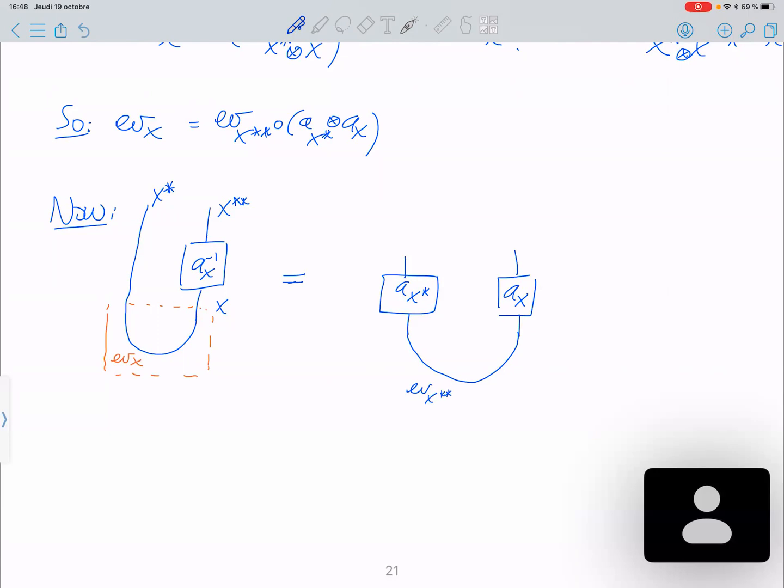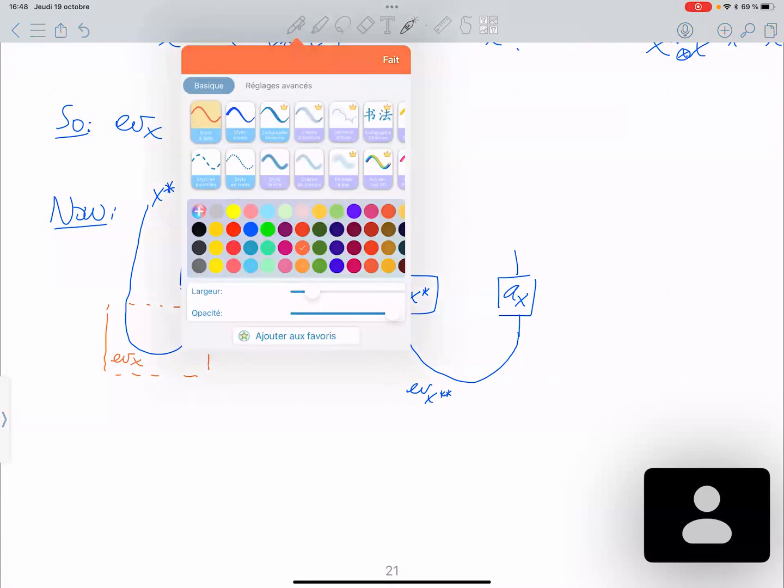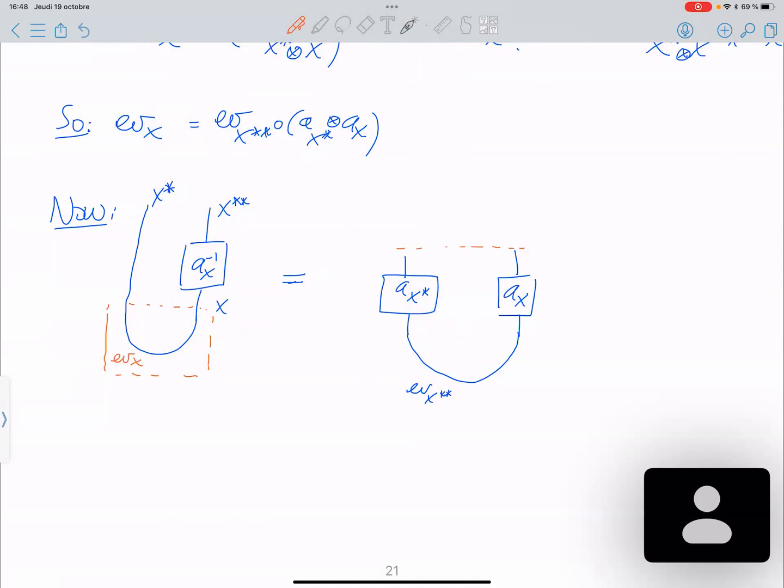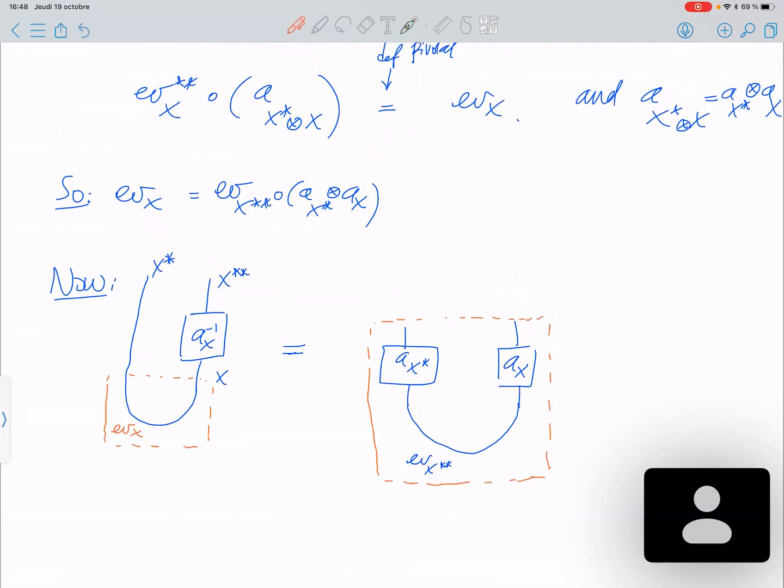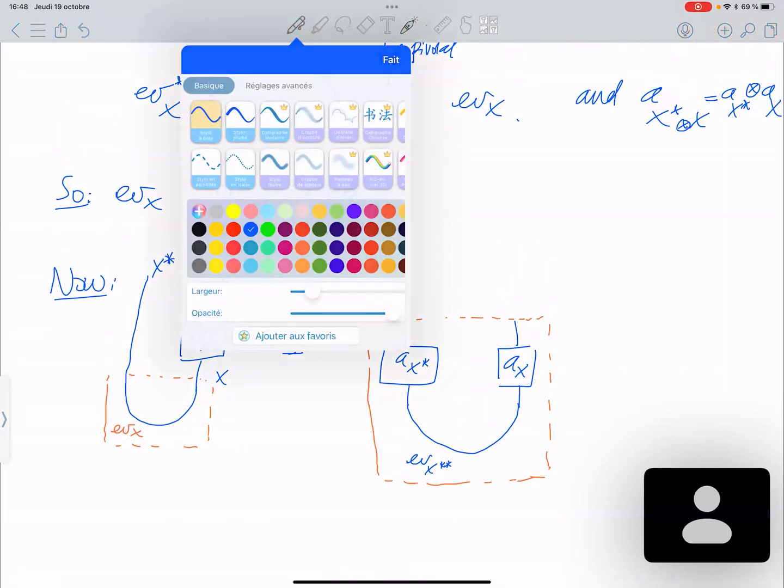This is precisely the picture for this morphism, and then you draw the rest of the picture.